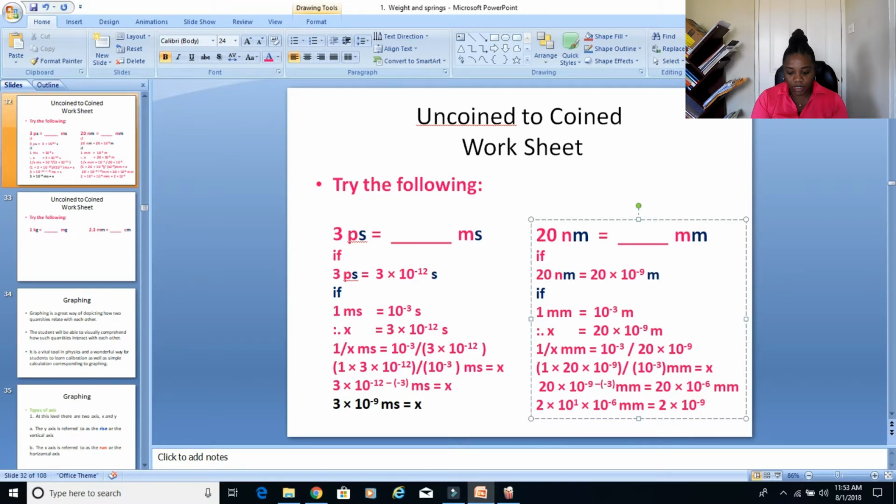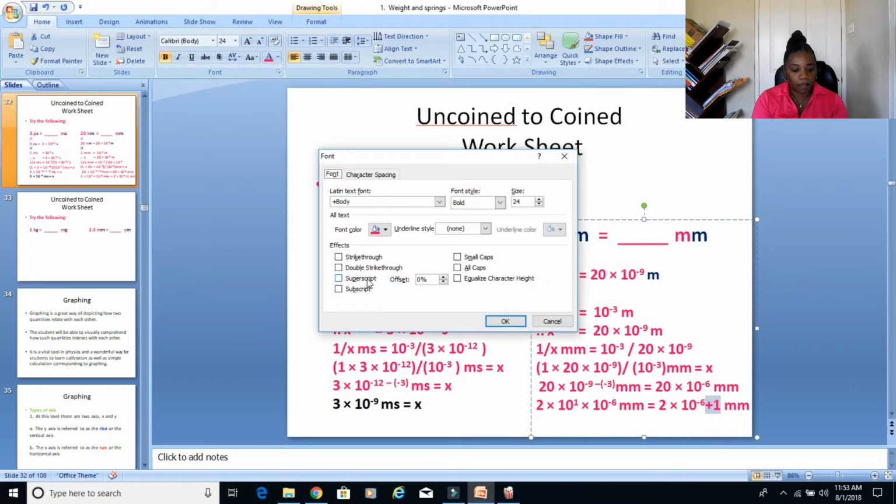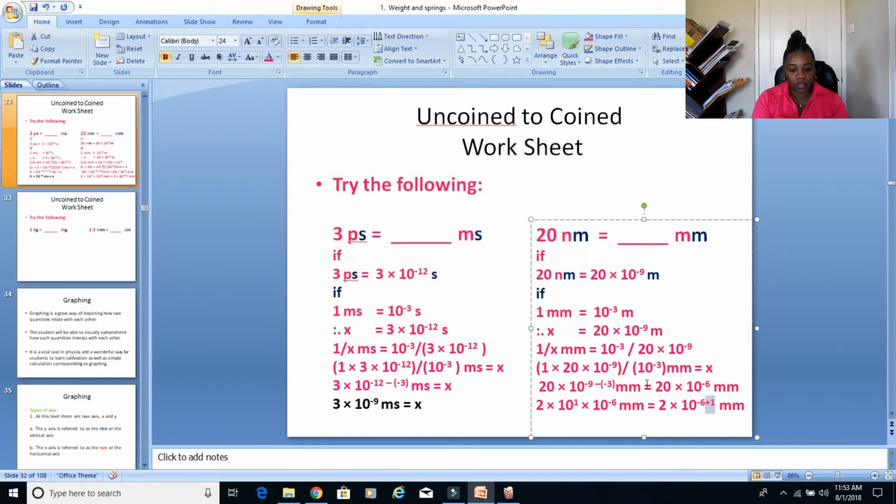And in this case, you have negative 6 plus 1. Oh, now you want to be like that. Alright, and so mm. And what I'm going to do here is carry it up, superscript.